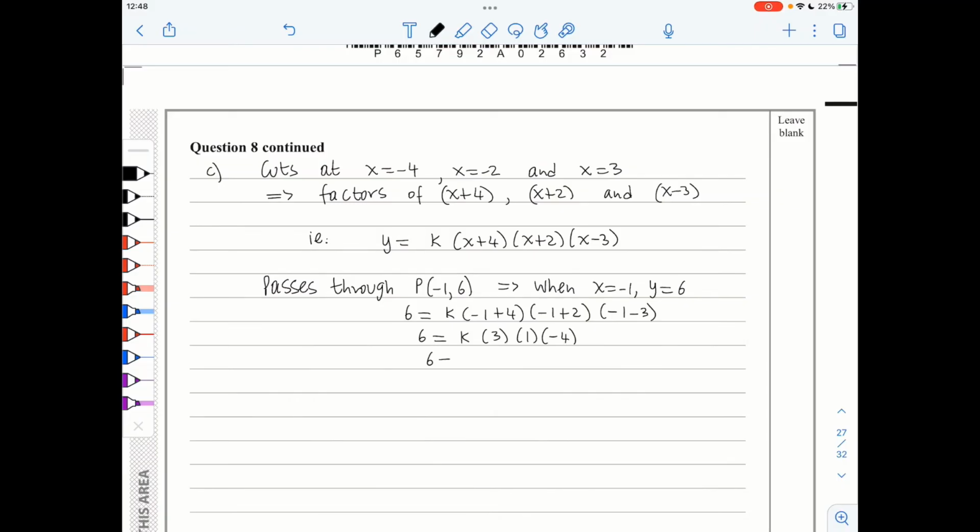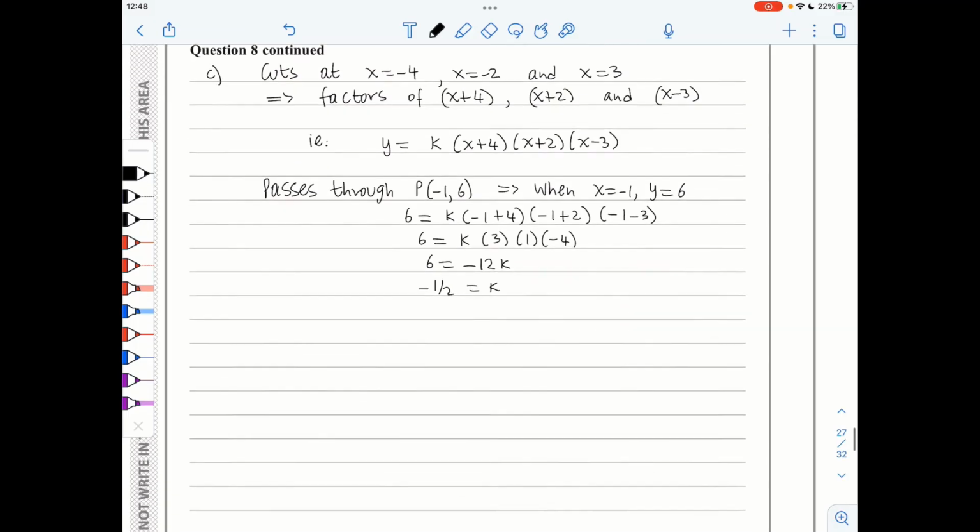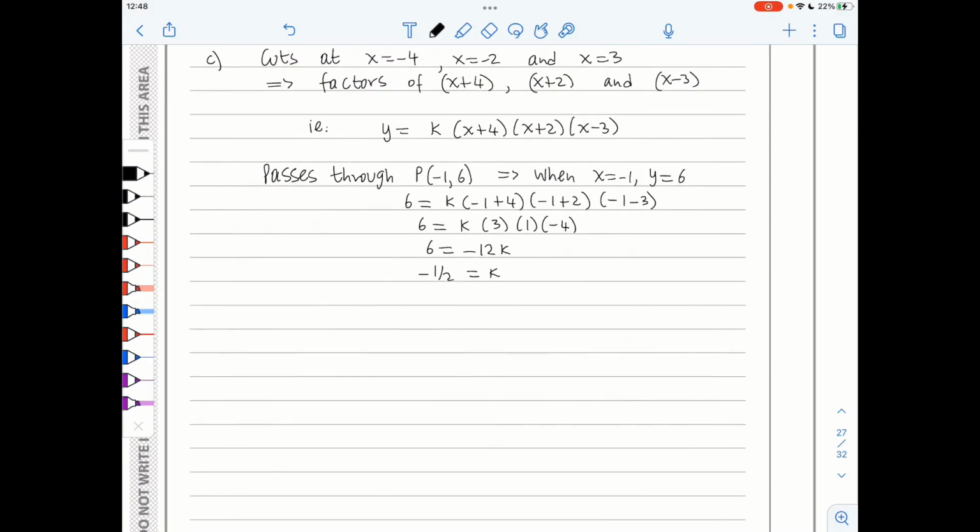So 6 is -12k. So -1/2 is k. Now, where do we stand? We have just established that y is -1/2, x plus 4, x plus 2, x minus 3, but we haven't really finished.